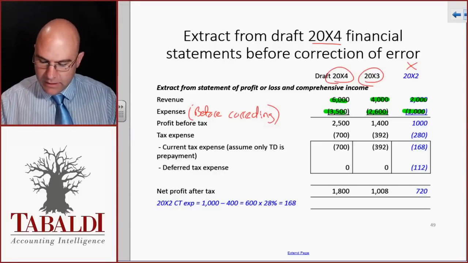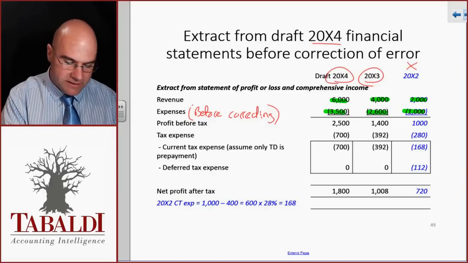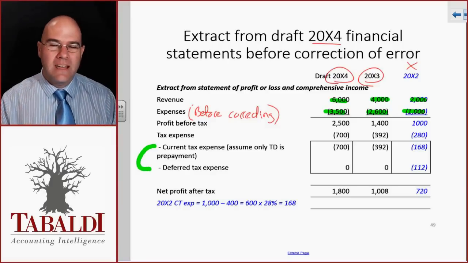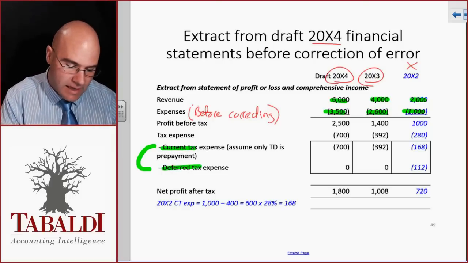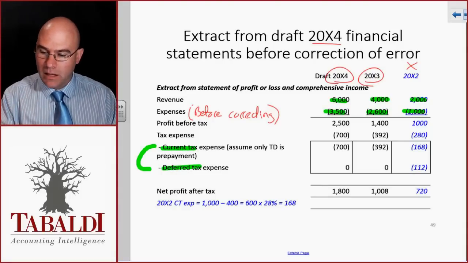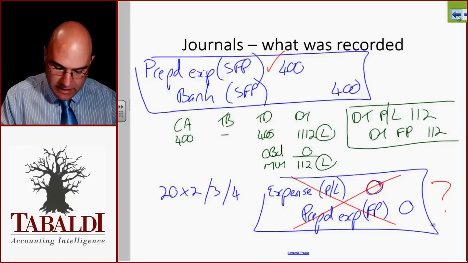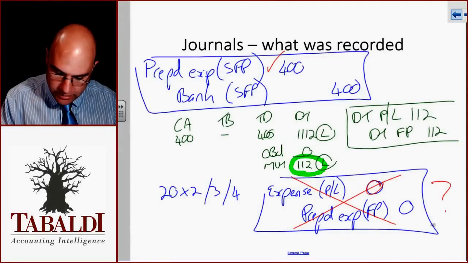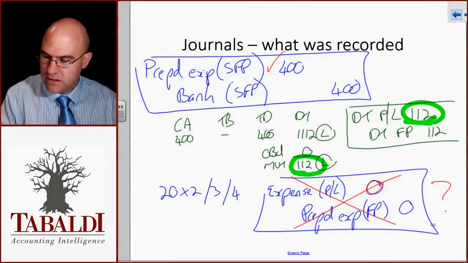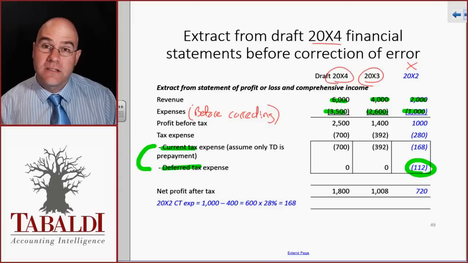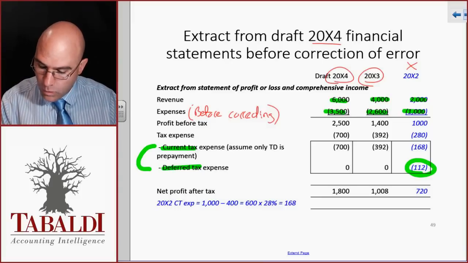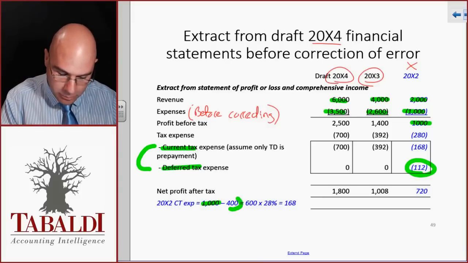We have profit, then we have tax expense. What I've done is I've split the tax expense on the face. Usually they'll get done in the note, please, but we have current tax and deferred tax expense. The journal I just showed you is that they had passed a deferred tax expense of 112. Current tax would have been worked out in 20X2 as the 1,000 minus the prepaid expense.